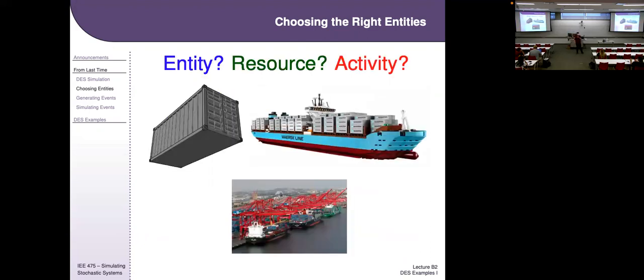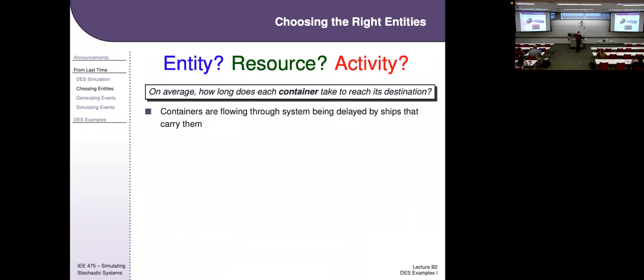So let's think of more concrete examples. There are different ways to shoehorn real systems into this framework, where things that are entities from one perspective are resources from another. So here I'm thinking about shipping examples where we've got shipping containers, we've got ships that shipping containers ride on, and we've got ports that load the shipping containers onto the ships and take them off the ships.